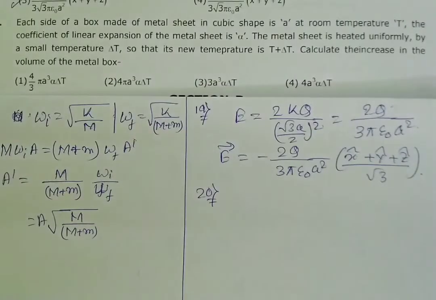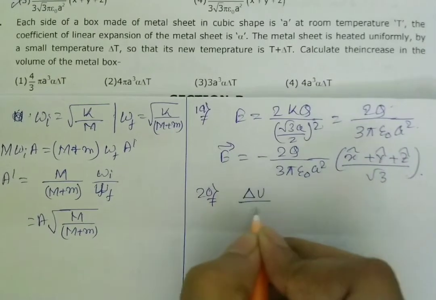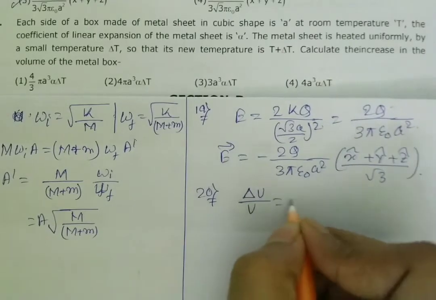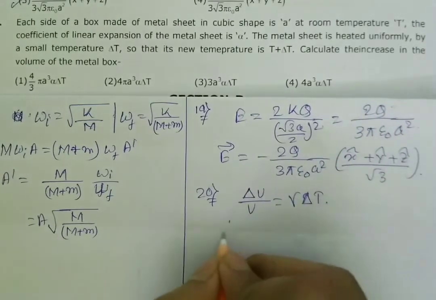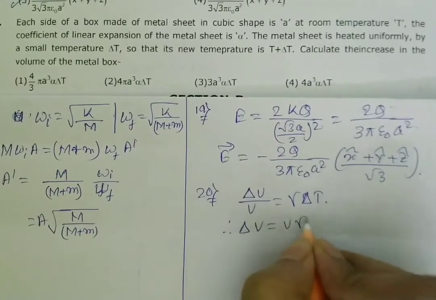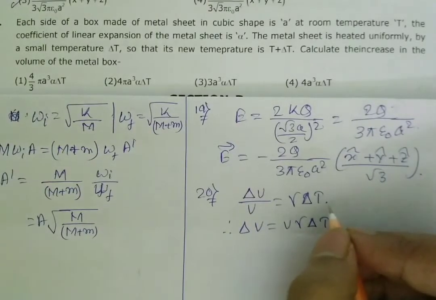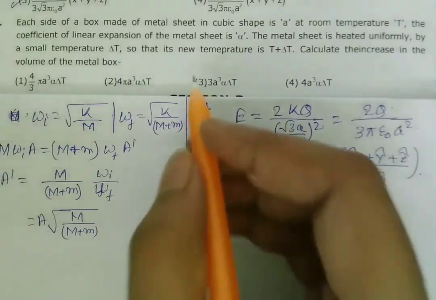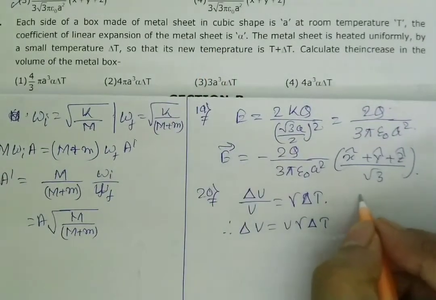We have to calculate the increase in the volume of the metal box. So we know a relation that delta V by V is gamma delta T. Therefore delta V will be equal to V gamma delta T, and it is given that the linear expansion of the metal sheet is alpha, and there is a relation that gamma is equal to 3 alpha.